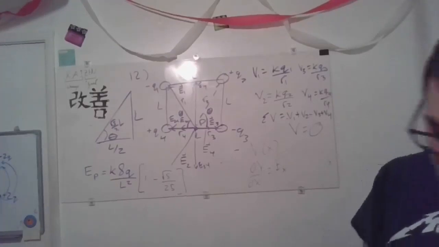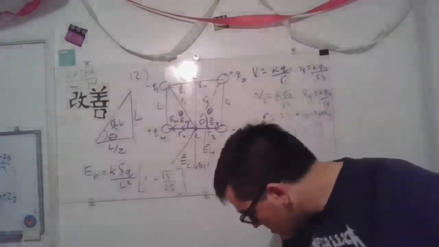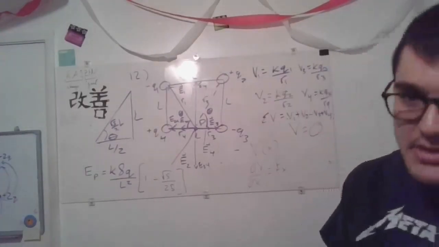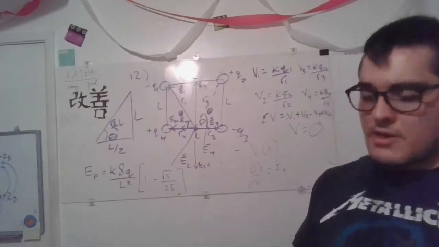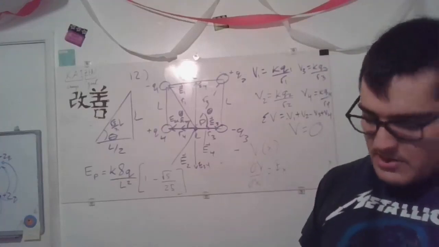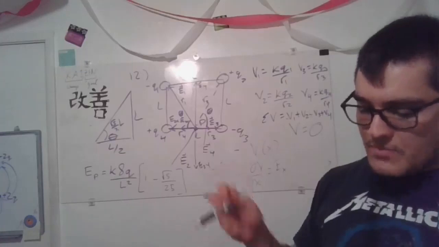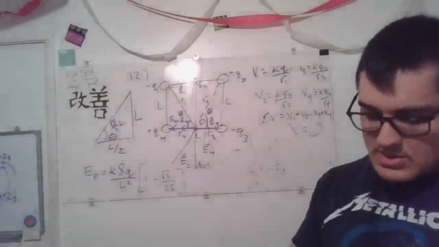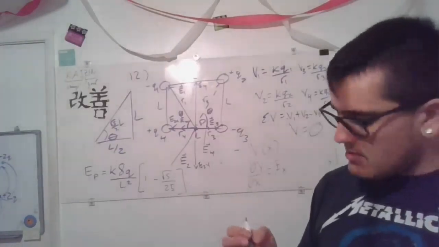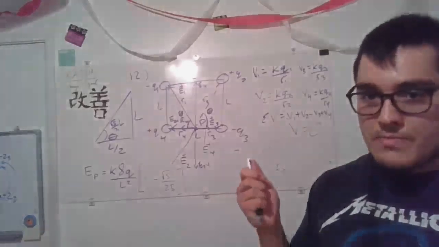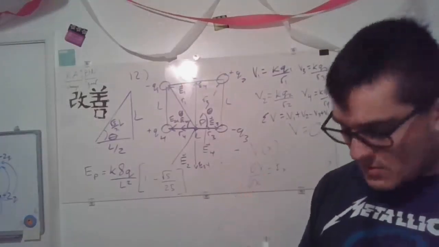I'll mark that off in my notes. I'll make sure to get back to you guys on that one. I'm pretty sure though, because your reasoning is correct. R1 and R2 are the same distance. R3, R4 are the same distance. So you would assume it's 0.